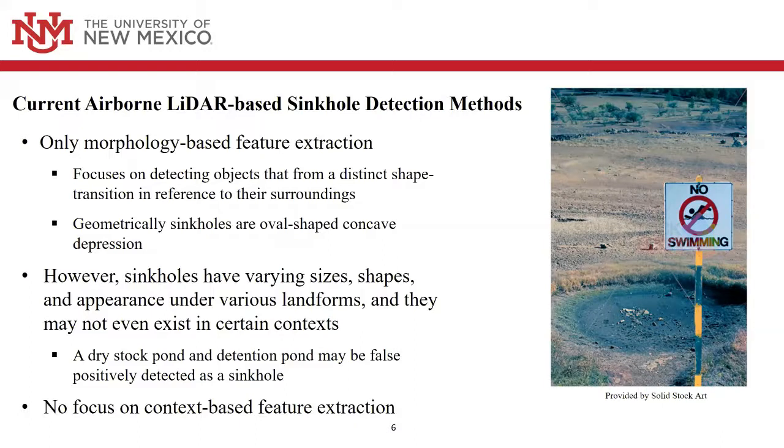But using this morphology-based method has some problem, because sinkholes, they have a varying size, shape, and also appearance under different landforms, and they may not even exist in certain contexts. For example, a dry stock pond, like I'm showing in the picture, and the detention pond, they may be false positively detected as a sinkhole. So basically, currently for the airborne LiDAR-based method, we don't have any context feature extraction to detect the sinkholes.